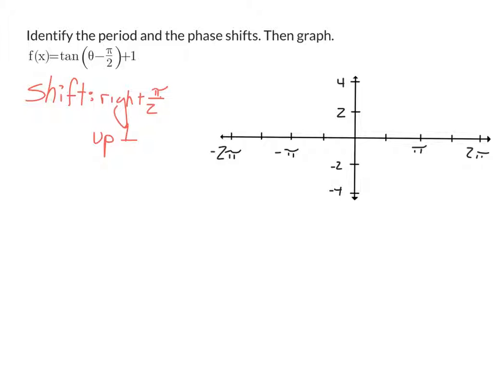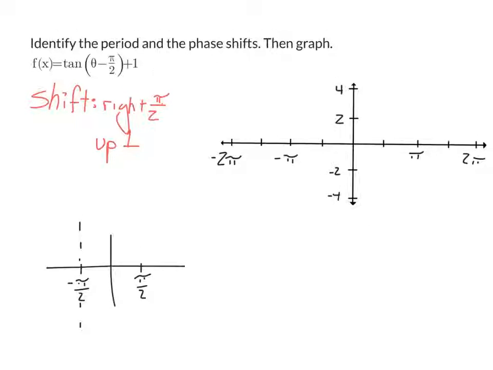When we talk about the typical graph of tangent, we have vertical asymptotes at pi over 2 and negative pi over 2. And then we graph with a continuous rise as you read left to right. It's always increasing in this graph for tangent.